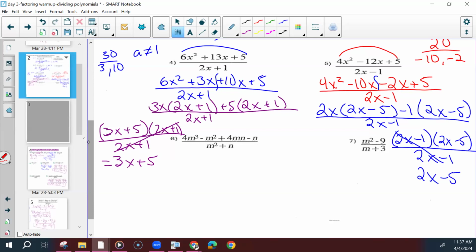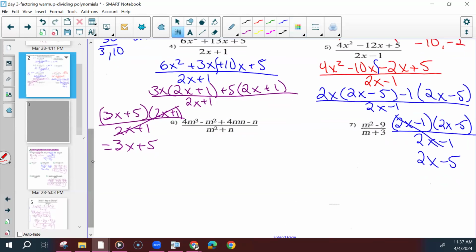We're gonna go through 2 more types. And then what it would look like on the SLL, how to do it in Desmos. So if we got something like this, we have 4 terms. That's part of your a equals 1, the grouping, where we split it down the middle, and then find the GCF for both sides. So what would that GCF be for those first two? M squared. What would be left? And then what would the GCF be for the last two?